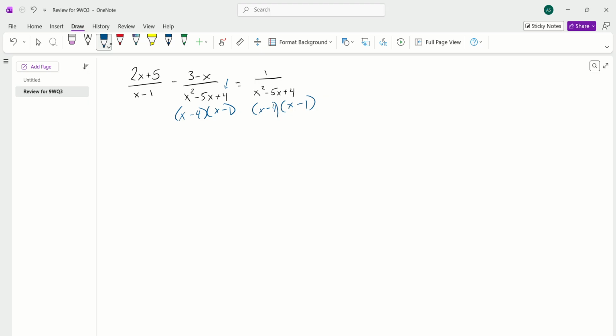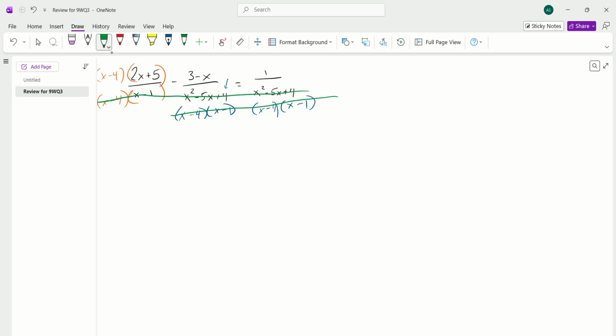Okay, then you're going to look at your other fractions and you think, what is it missing? What is he missing? He is missing x minus 4. He already has x minus 1. So I'm going to multiply by x minus 4 over x minus 4. And you're going to get the exact same denominator along the entire equation.